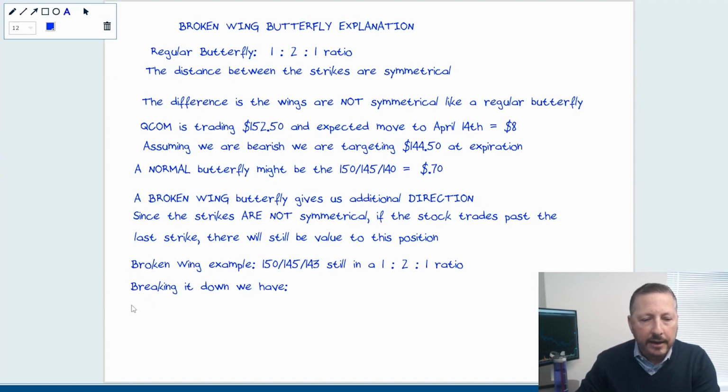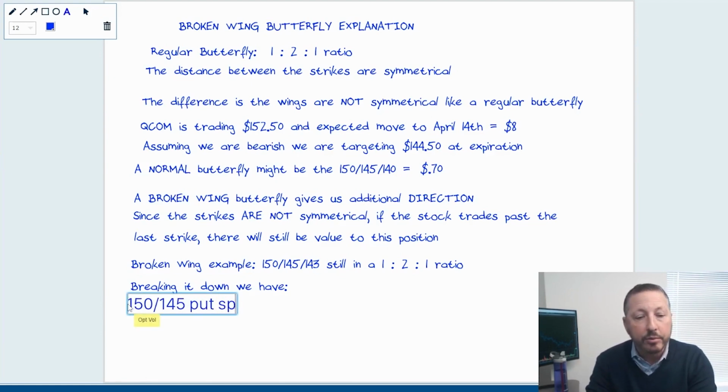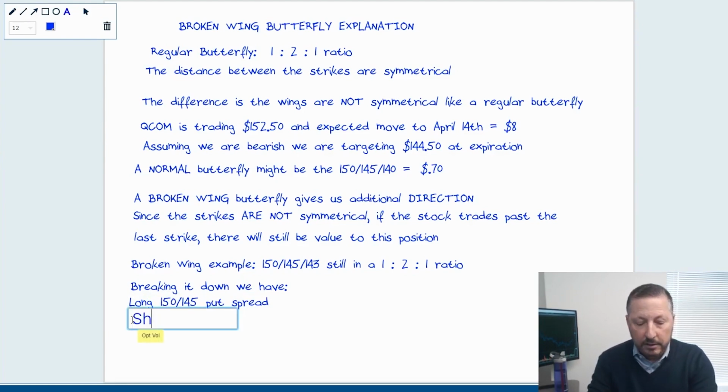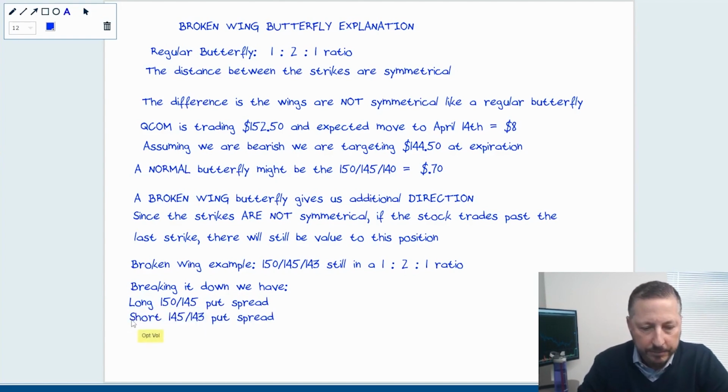We have a long 150, 145 put spread, $5 wide, but then on the short side, we only have a short 145, 143 put spread. $5 wide on our long, $2 wide on our short, so it's not symmetrical on either side.